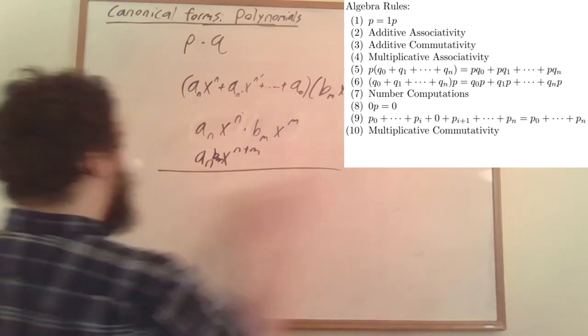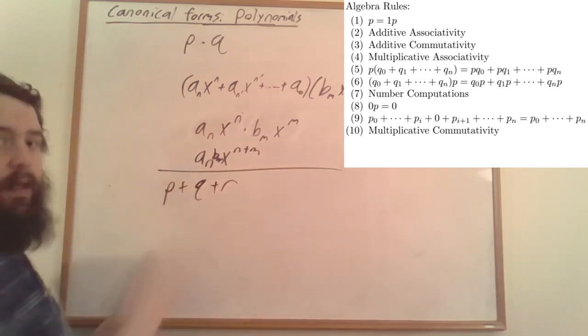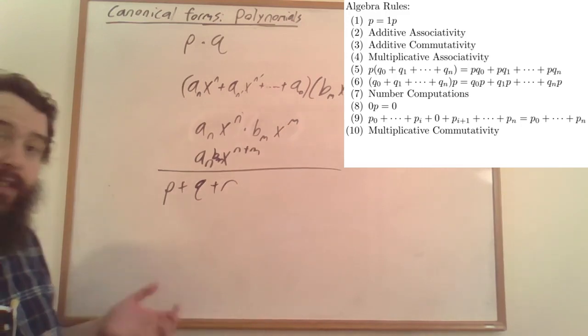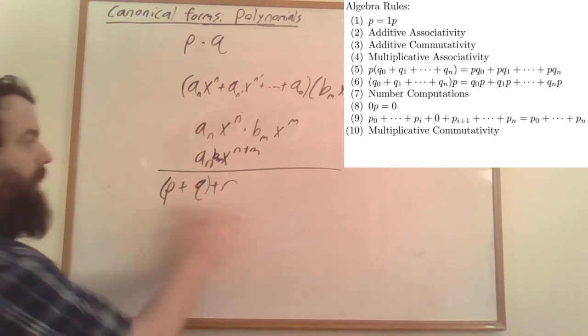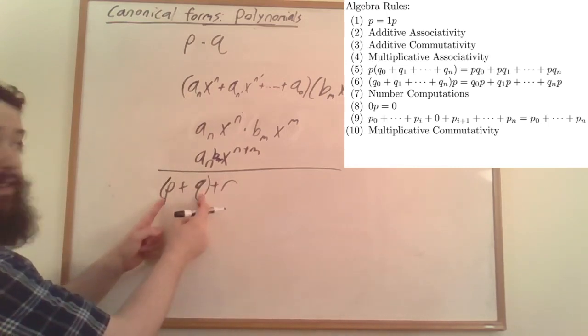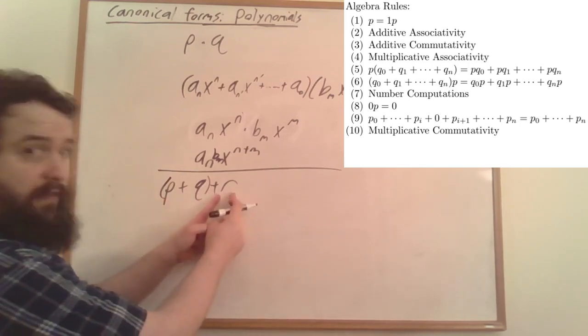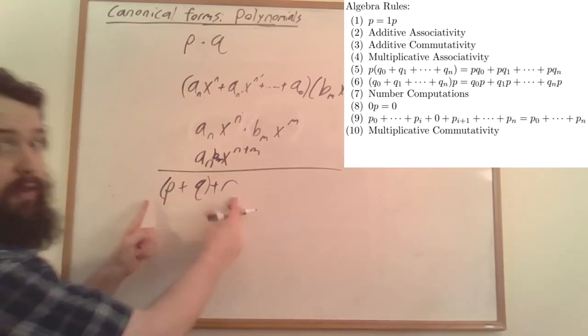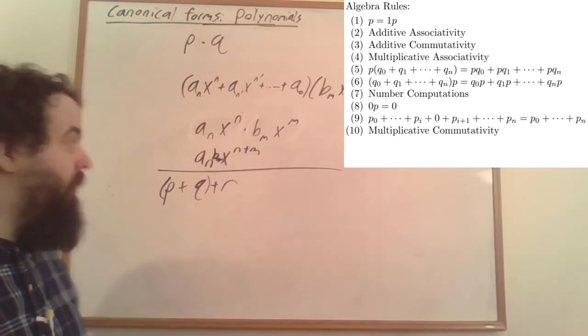What happens if we have a sum of more than two polynomials? We just need additive associativity to turn this sum here into this sum here, and then we can turn this into canonical form, and then once this is in canonical form and this is in canonical form, then we can turn the whole thing into canonical form using our binary addition process.